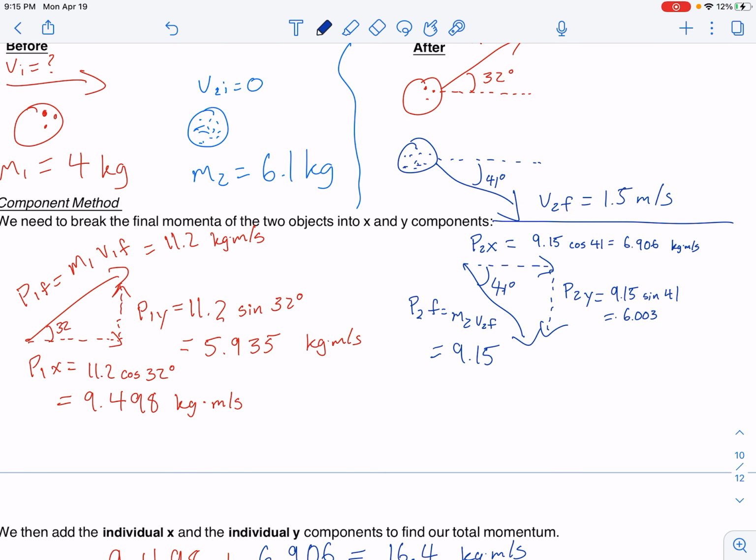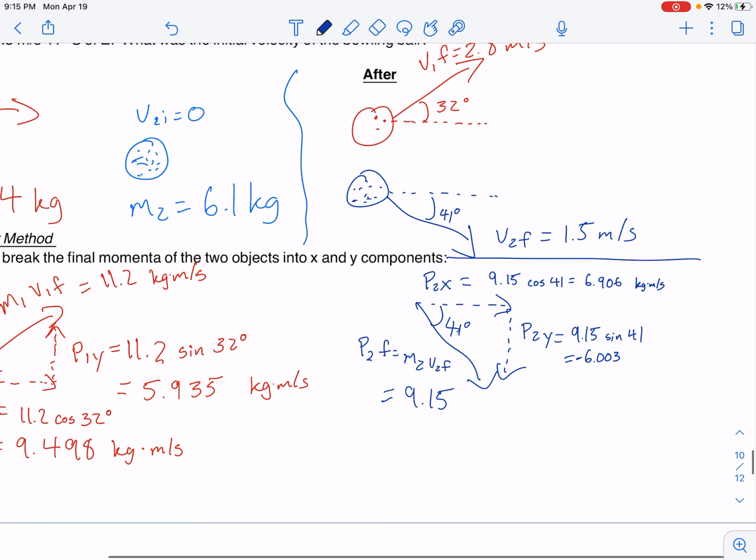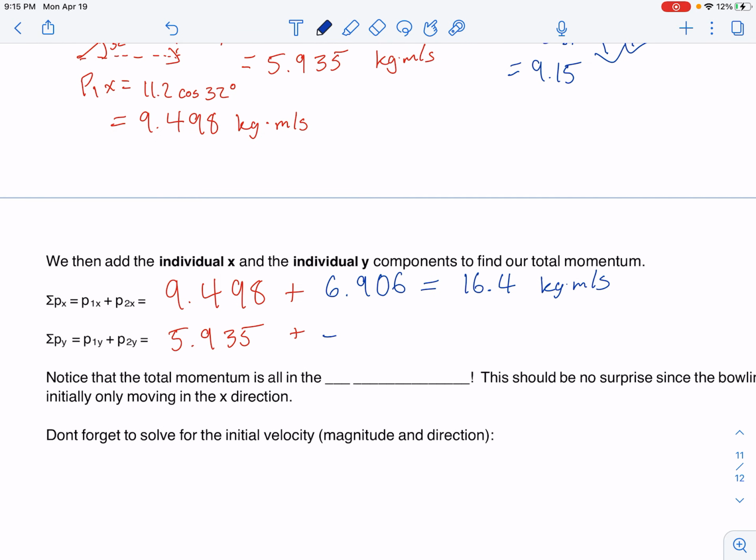The key thing here is that the down direction is going to be negative. So moving right, positive; moving up, positive; moving down, negative. So what we end up with is negative 6.003, which brings us to 0.068 kilograms meters per second.